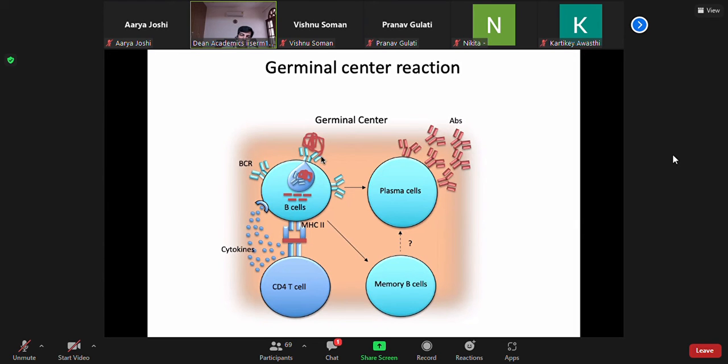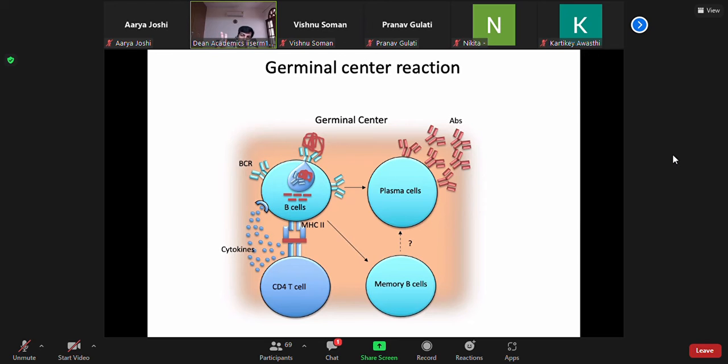Once you generate these complexes on the surface, this antibody molecule along with the antigen is internalized, and then these B cells can also cut down this antigen into small pieces to generate peptides. Those peptides can be loaded onto MHC class 2. B cells can also serve as antigen presenting cells, right?